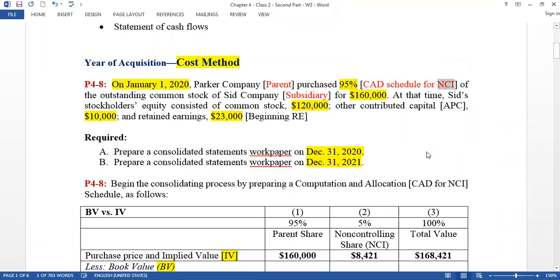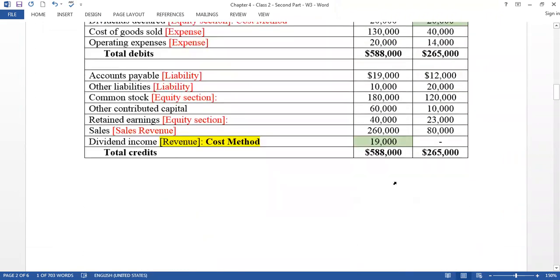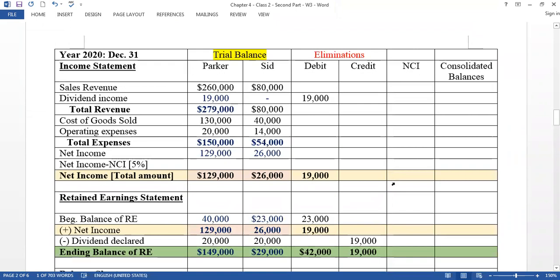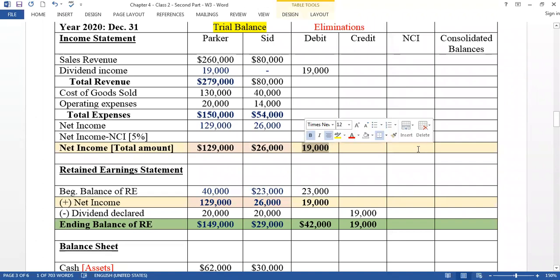The remaining 5% goes to non-controlling interest. So this 19,000 is the part of the parent company. Now we have to find something for non-controlling interest.